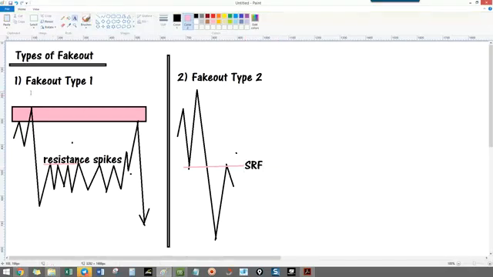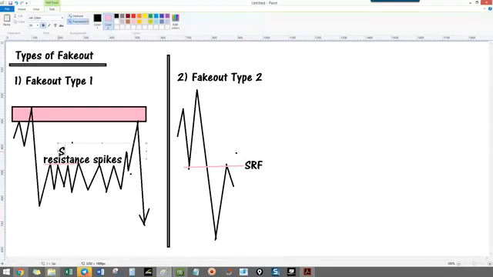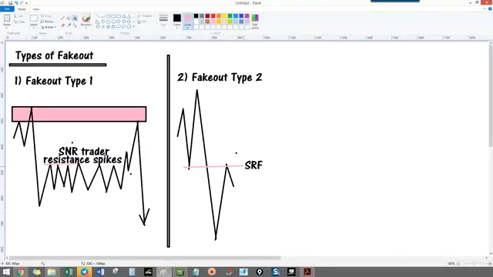This fake out is for the SNR trader. This is for the SRF or row reversal trader or pullback trader. It will do something like this: it will not pull back to this level, and then just go.